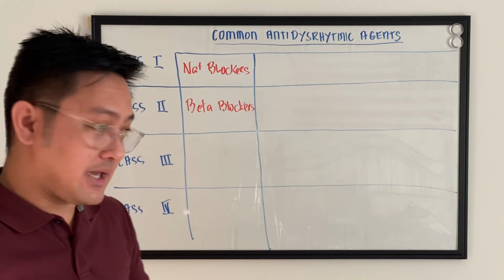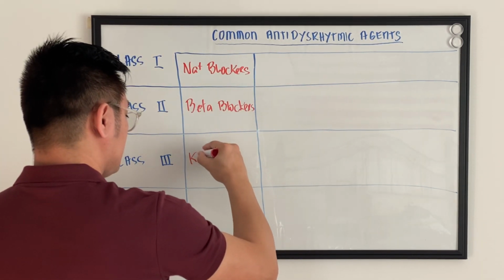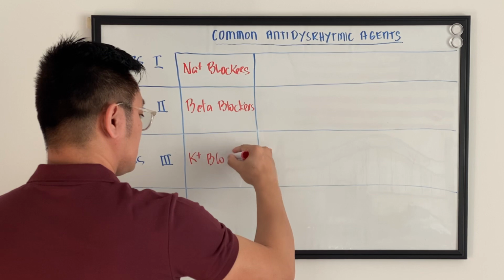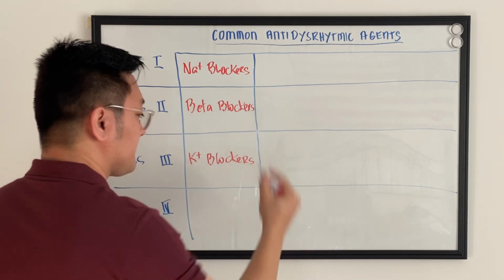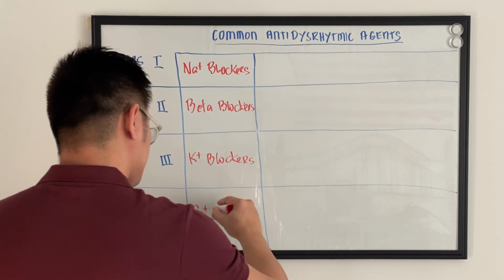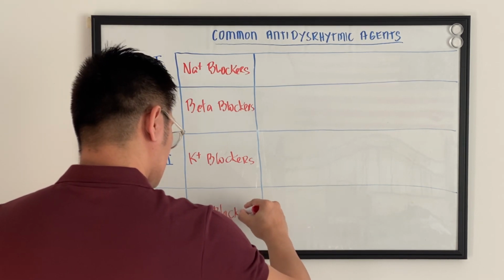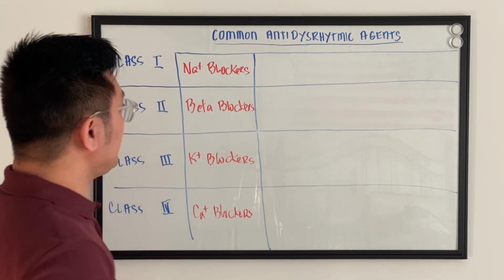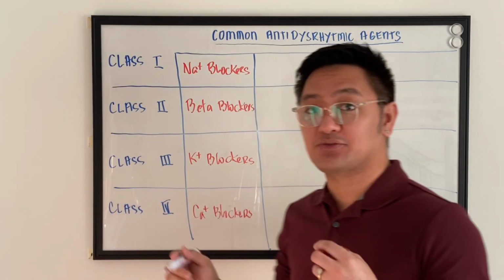Your class 3, we call these your potassium channel blockers. And then you have class 4, we call them your calcium blockers. So these are the different antidysrhythmic drugs.